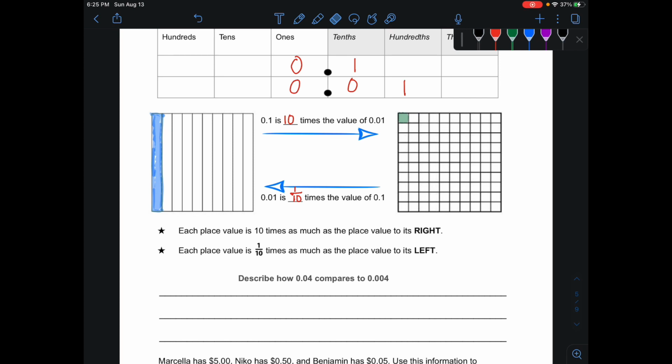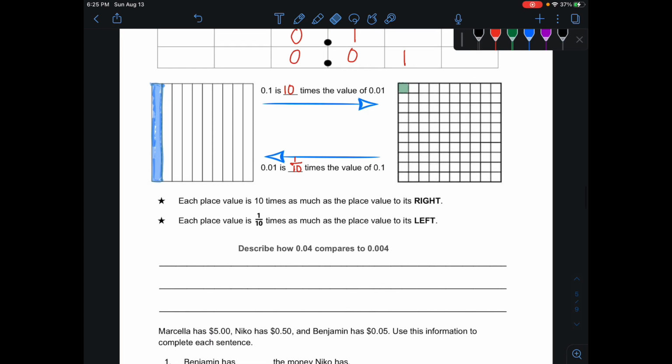Okay. Let's do this question. Describe how 0.04 compares to 0.004. So let's go ahead and write this out. And let's compare these numbers.